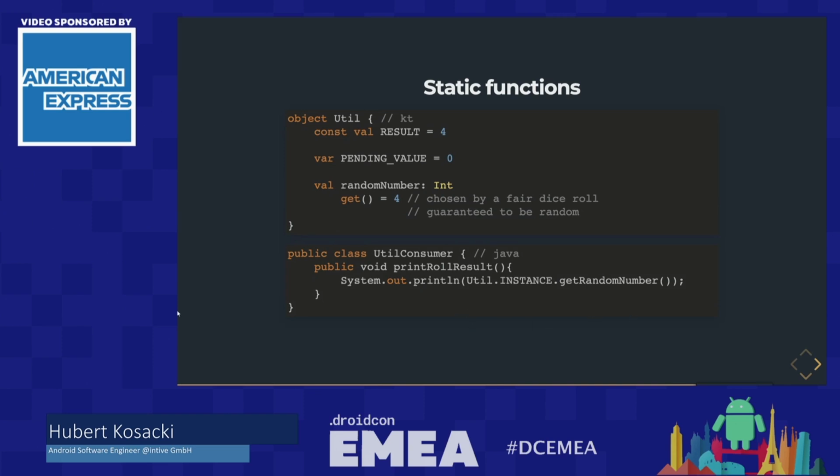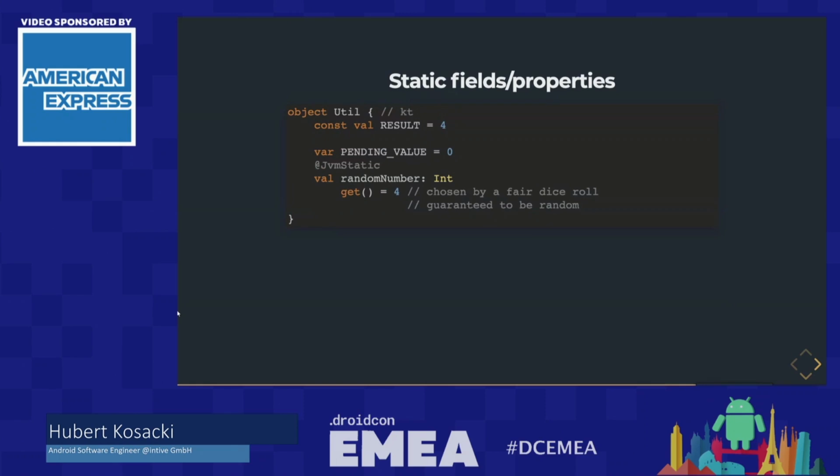And this is a pain point we fortunately can deal with. This is doable with a JVM static annotation that makes things easier. And this actually allows us to reference this method without any additional instance field that holds the instance of the singleton class.